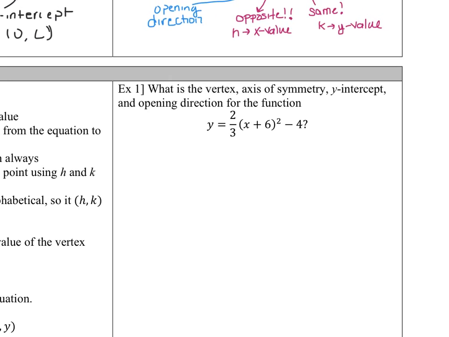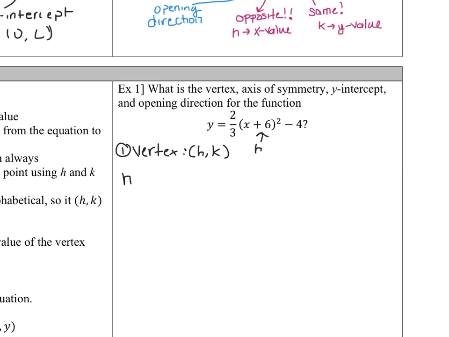So let's do the vertex for this example number 1. What is the vertex, axis of symmetry, y-intercept, and opening direction for the function y equals 2/3 (x plus 6) squared minus 4? The first thing we're going to do is find the vertex. That's what it tells us to find first. So the vertex is always h comma k. Now, the h comes from this inside piece right here.